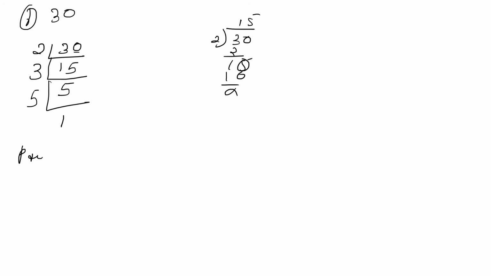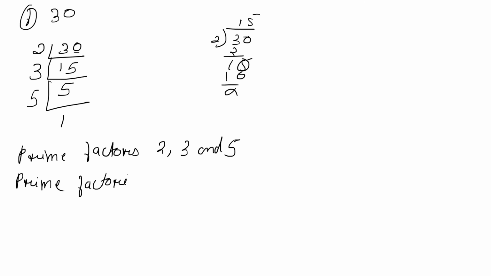Now the prime factors are 2, 3 and 5. Because 3 prime numbers are there, these are the prime factors. Now prime factorization, that is 2 multiplied by 3 multiplied by 5. So 2 3's are 6, 6 5's are 30. Got it? We got the answer.